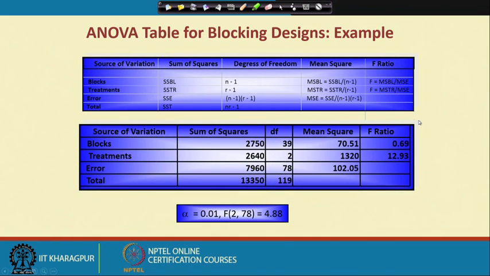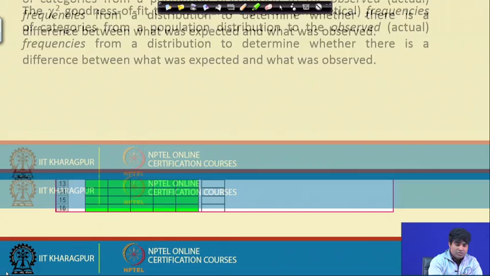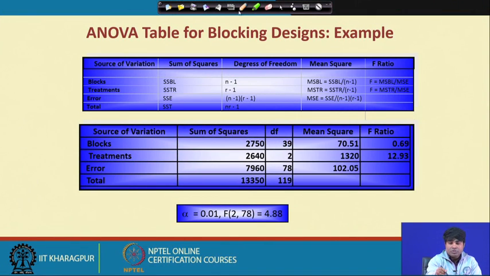It is typically like ANOVA structures, but here the items are different, because it is a block design problem. So compared to the previous one, the first effect will be blocks, then treatments, and the error component, and then finally total.